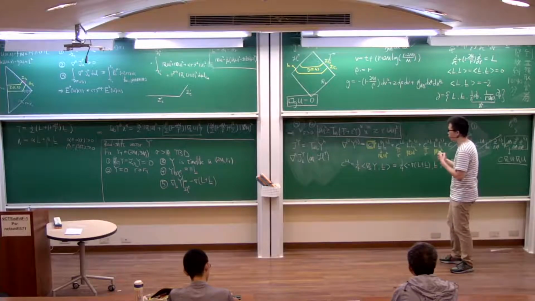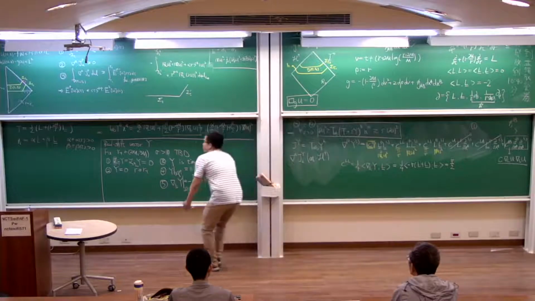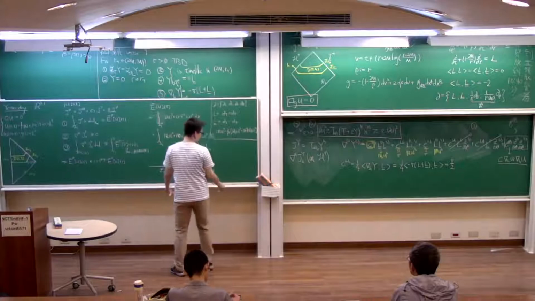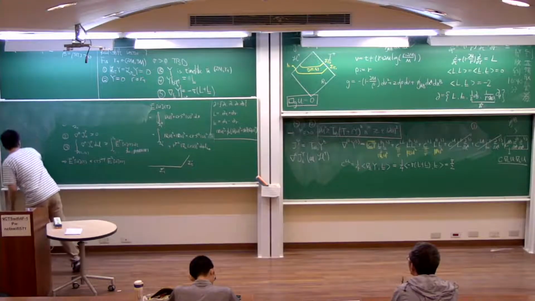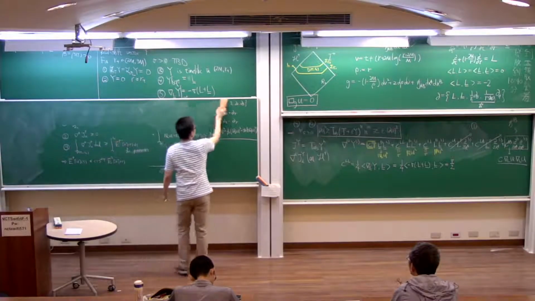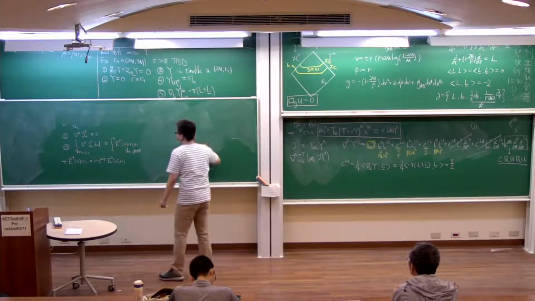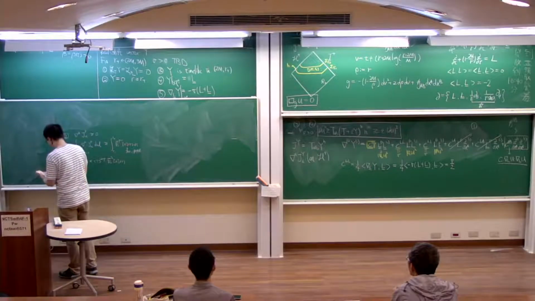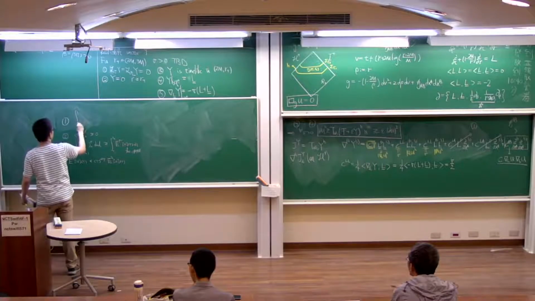It depends on the positivity of surface gravity. I probably want to keep this sigma tau.